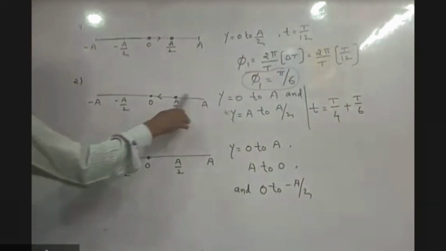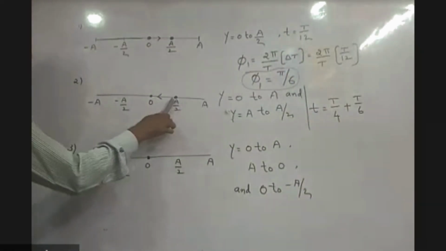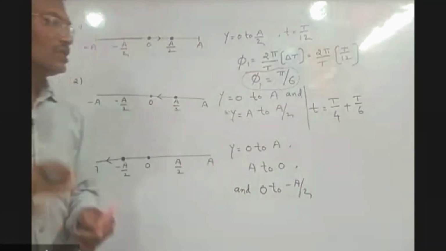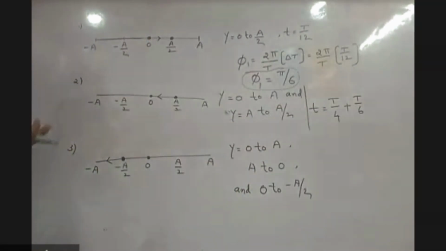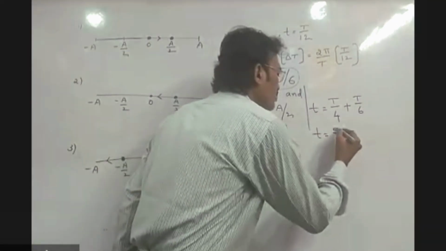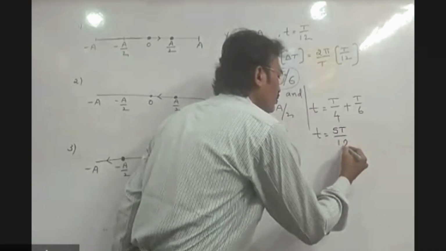A to A by 2, from the extreme to half the distance. What's the time? T by 6. The total time, if you take the LCM, is 5T by 12.